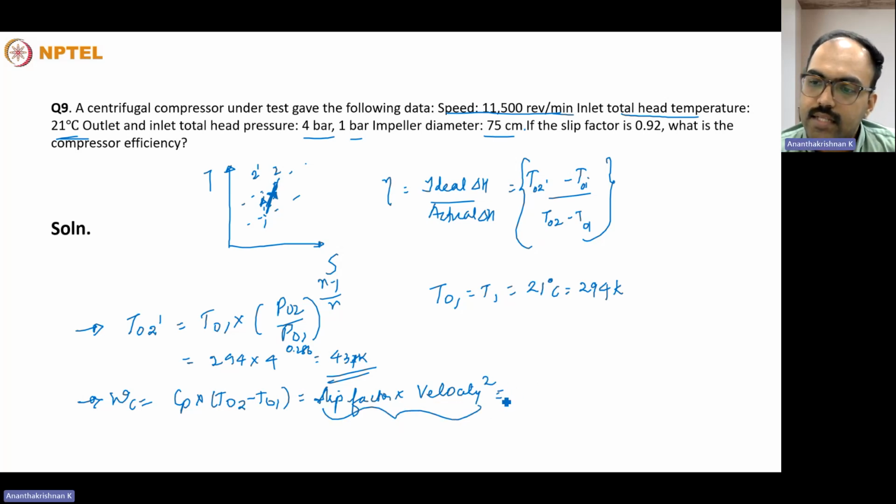The slip factor is actually a coefficient that relates velocity squared to the actual work.